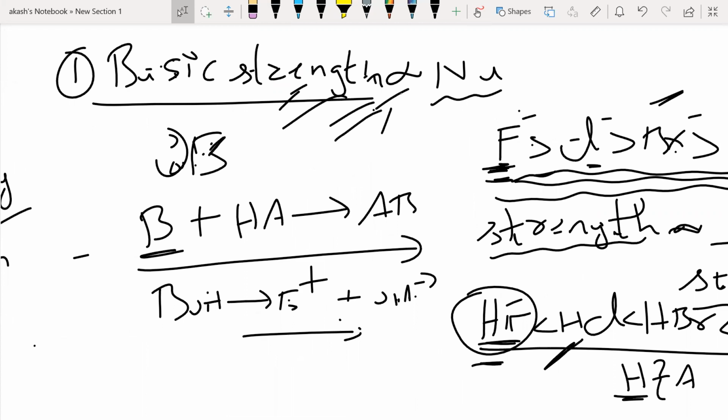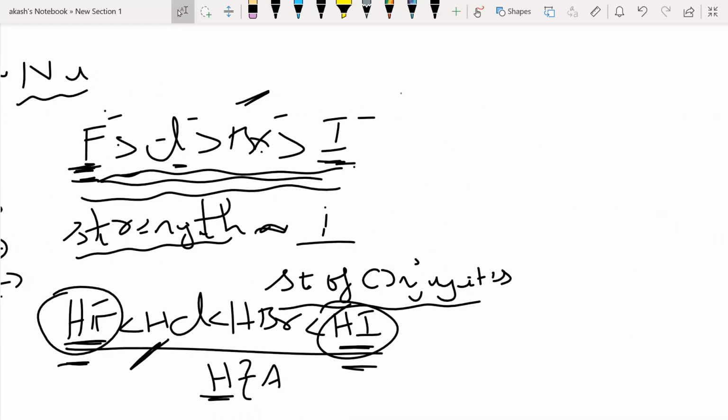Now let me get into it. How do we go about it? A good example: I have RS minus and, say, RO minus.